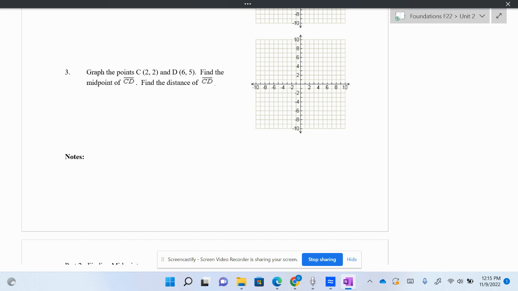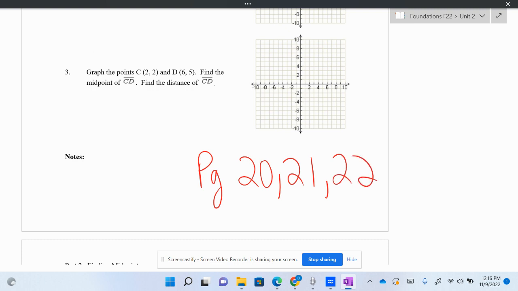Yes, pages 20, 21, and 22. So on page, let's see, all you're doing is finding the distance on number 9 and number 10.